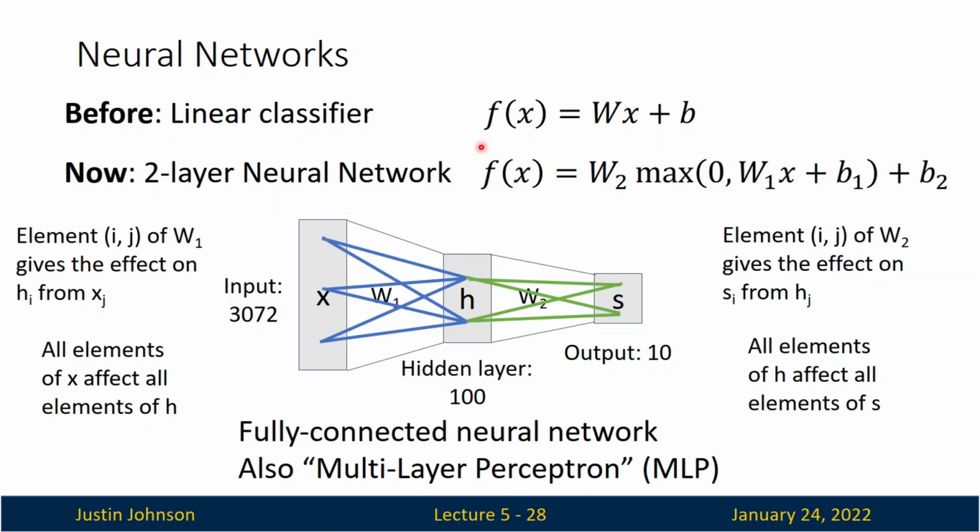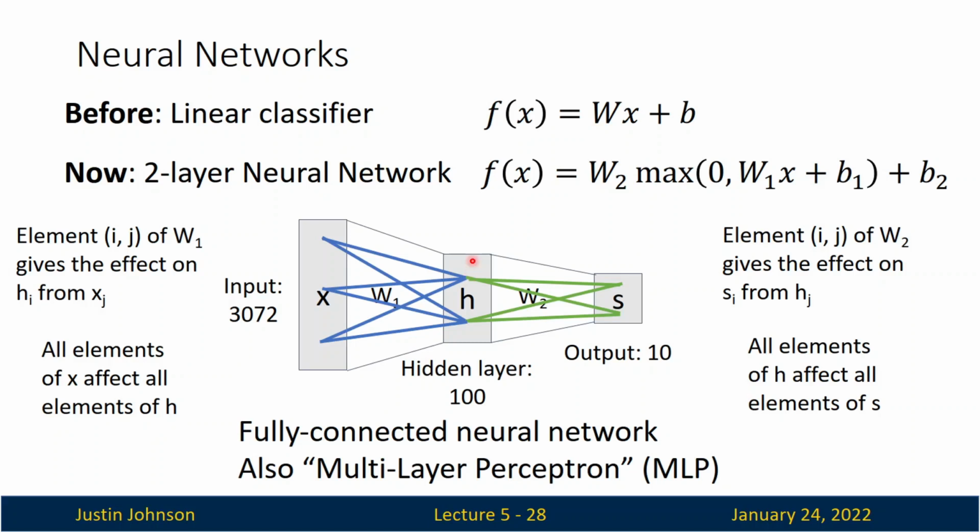Let's see again. Here, we use all of the 3072 elements from the input image. This is the X. And we multiply by the matrix W1 here and add B and use the max function here to create 100 elements in the hidden layer.